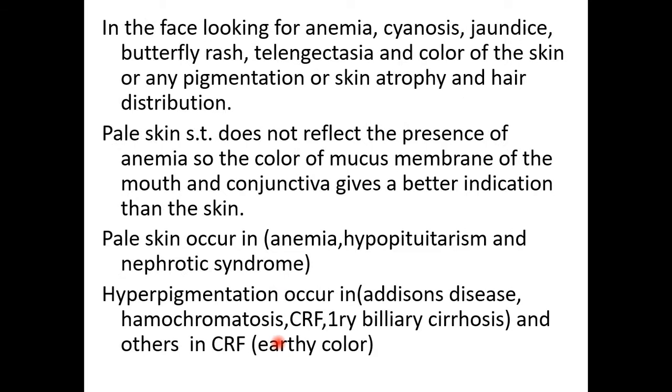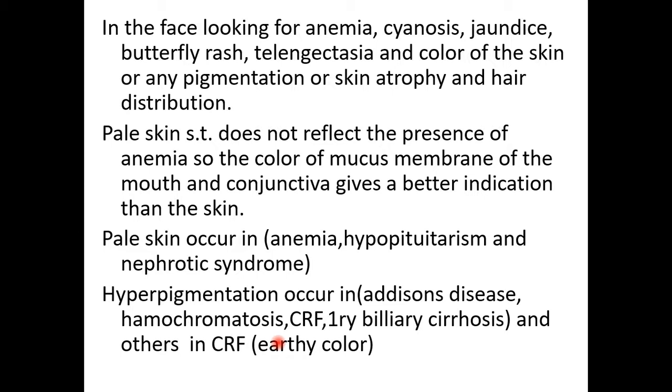Then in the face, you have to look for anemia, and examination for anemia in the face is very important, looking at the conjunctiva, looking for cyanosis in the lips and in the mouth, in the tongue, and even in the limbs.